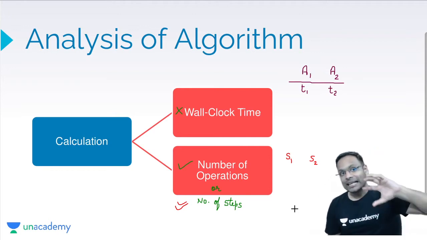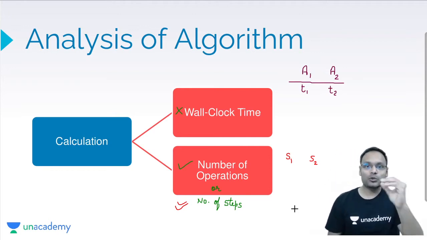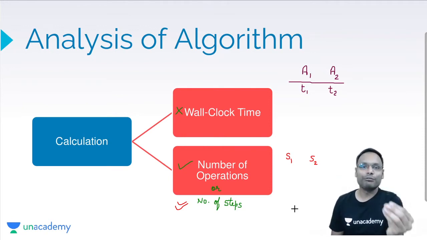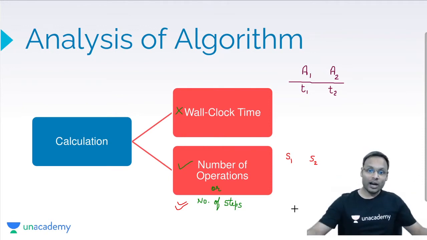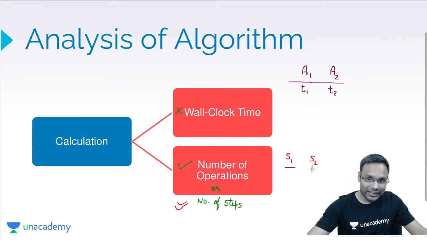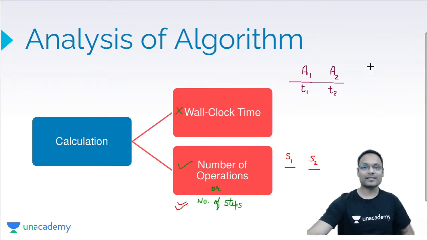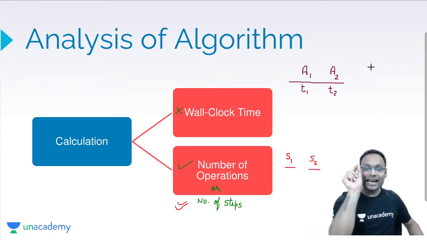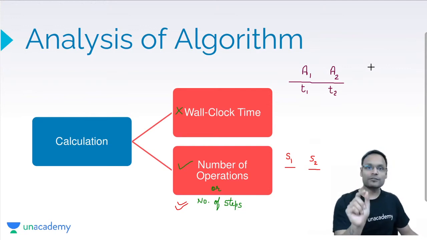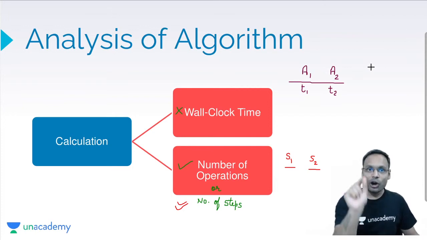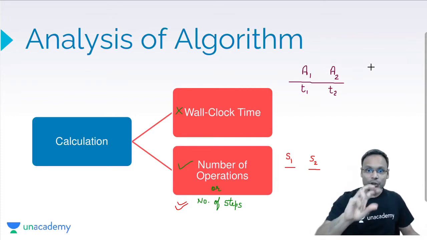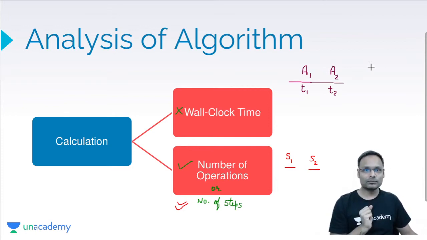Now suppose I increase the number of inputs to n equals 8 or 10 or 12 or 15 or 500 or 200, of course the number of steps will vary. So now the accurate value of the number of steps you cannot check, you cannot compare.